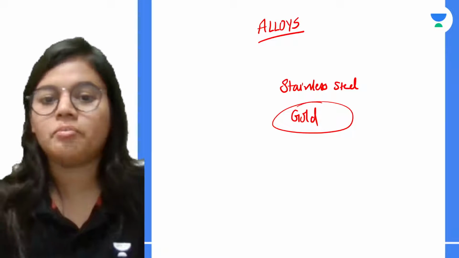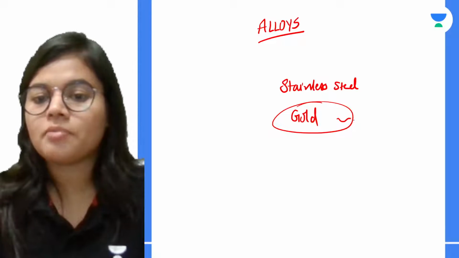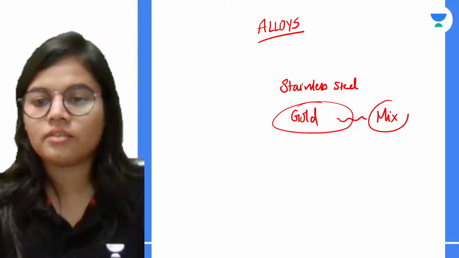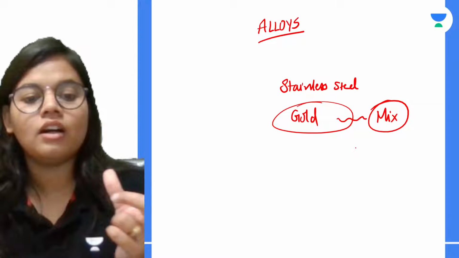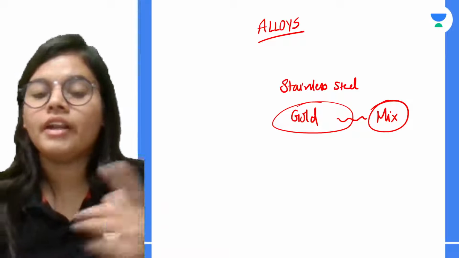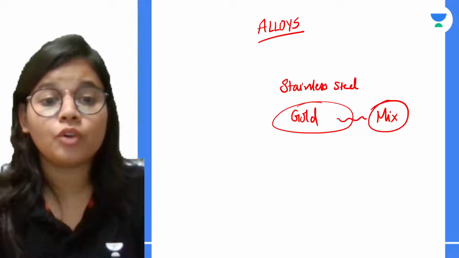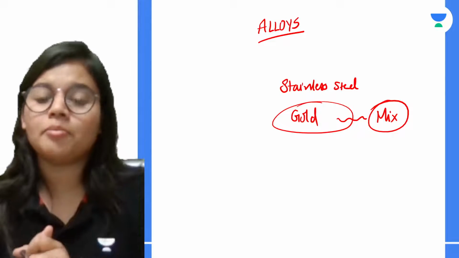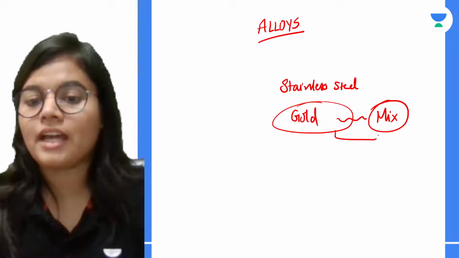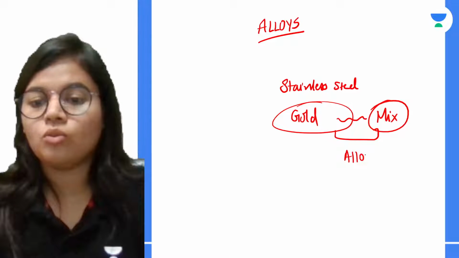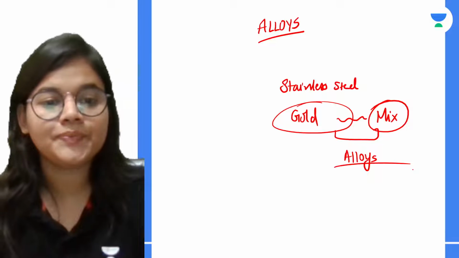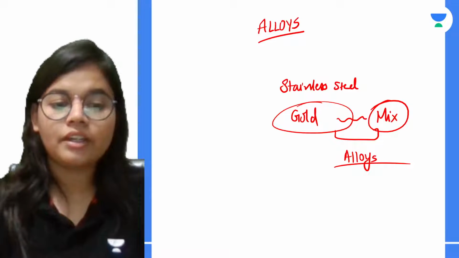Okay, they would just break. तो हम लोग ना इसमें कुछ मिक्स करते हैं, a bit of different metal, or maybe it could be a non metal also. Okay, तो ये जो मिक्स करने के बाद हमारे पास जो सब्सटेंस होता है, it is known as alloy. Correct.